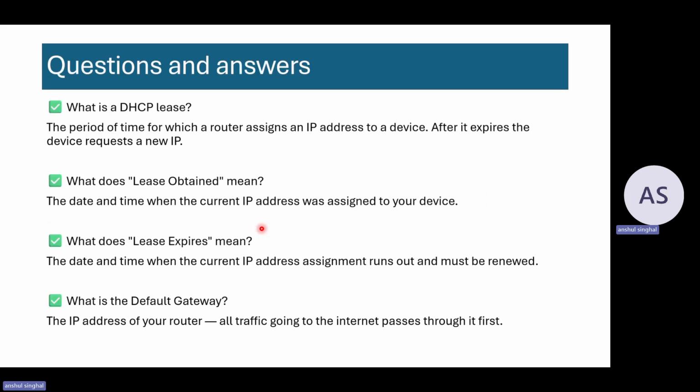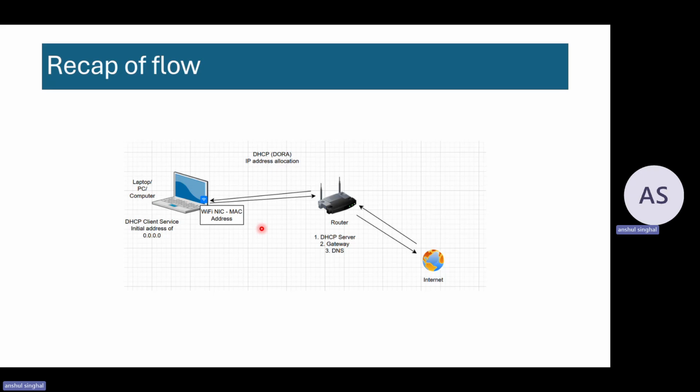So what we are seeing is the default gateway. Gateway is nothing but the IP address of your router, because in this case the router is actually acting as a gateway to get connectivity to the internet and serve the data to the clients. Sometimes it could also happen that this gateway IP address can be different from what the router IP address is.